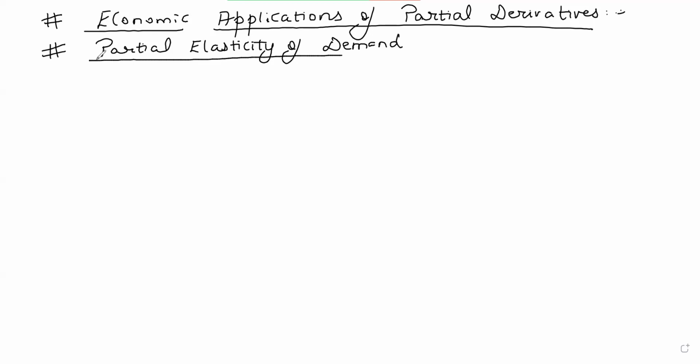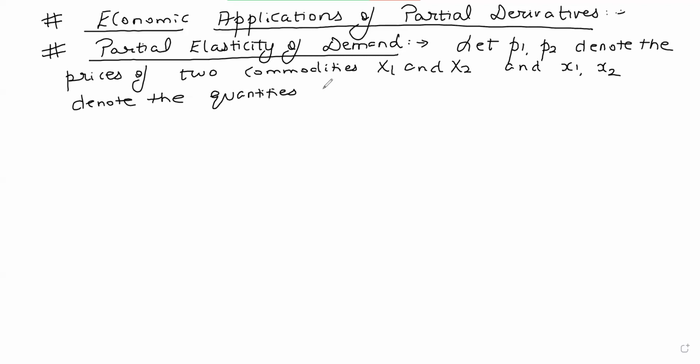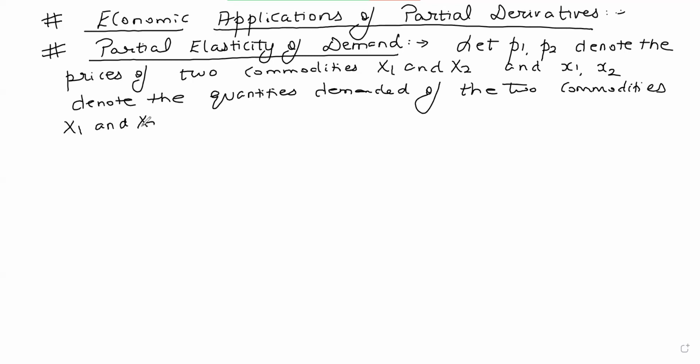We have already done this in our theoretical lectures, but still, just as a revision, let P1, P2 denote the prices of two commodities, capital X1 and capital X2, and small x1, small x2 denote the quantities demanded of the two commodities, capital X1 and capital X2.